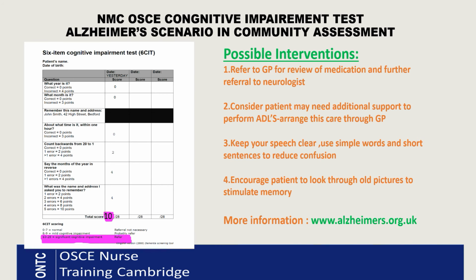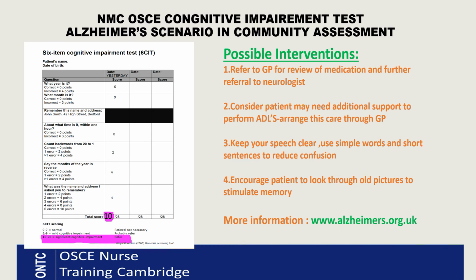Obviously with a dementia patient, they're already confused, so you do not want to make them more confused. So you need to consider how you communicate with the patient in clear, short sentences, clear speech, and also check their understanding, that they understood what you have said, and keep your sentences very short and keep your speech calm. So that's what you need to do.